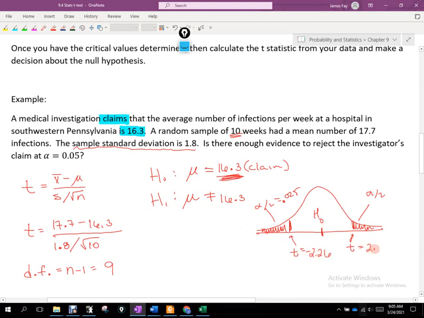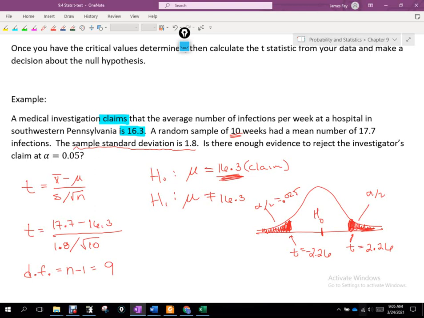So negative 2.26 and positive 2.26 are the two, call them demarcation lines. They're the two thresholds that we are going to use to determine if our null hypothesis needs to be rejected or not rejected.